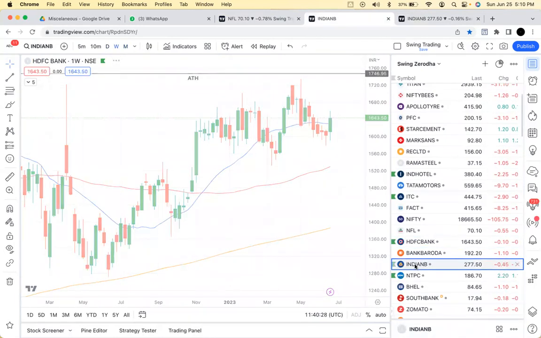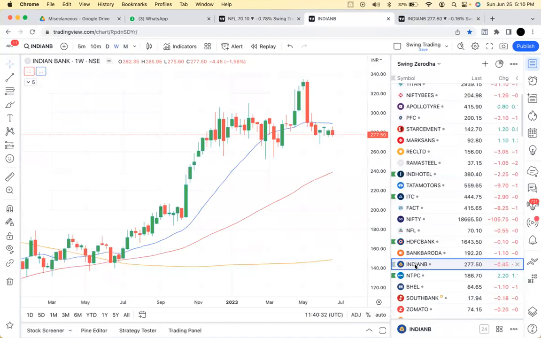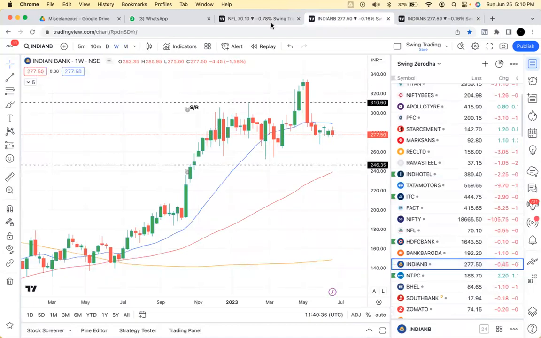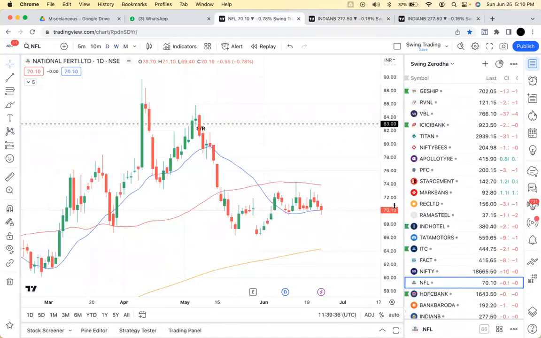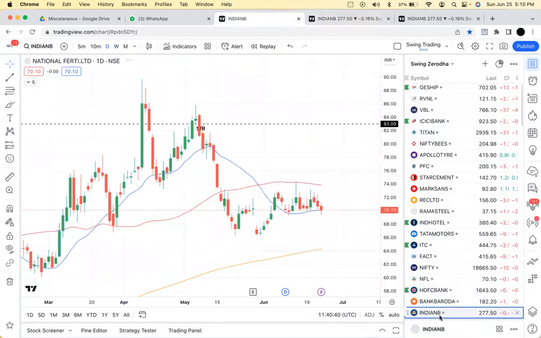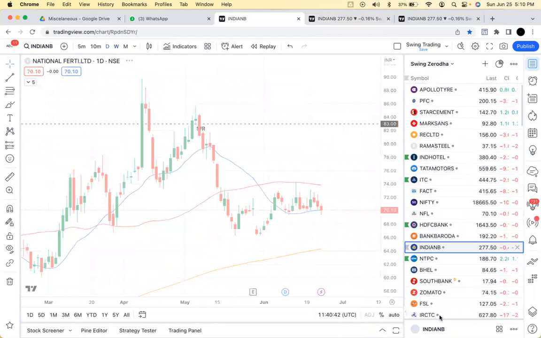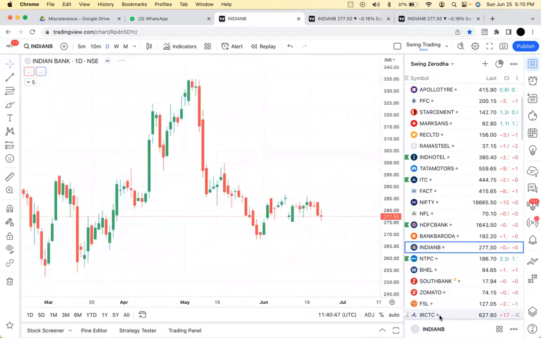It's tough when the internet connection is a bit slow, especially when I'm doing videos, and whenever I'm reviewing these stocks, it makes it sometimes annoying. But here is Indian Bank. There we go. Let's see on the daily chart. The weekly was looking good. Let's see what the daily looks like.